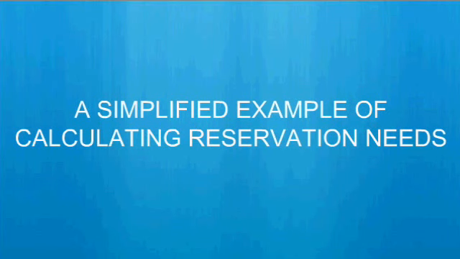So let's go through some math here. I'm going to break down a simplified example of how you would go about calculating reserved instance needs. And the reason I'm going to expose the math on this a little bit is because it's really relevant to understand how this works to figure out how many instances you should be purchasing.